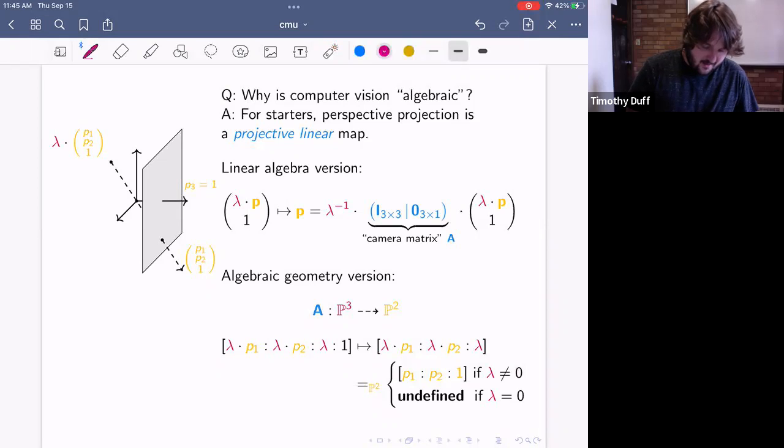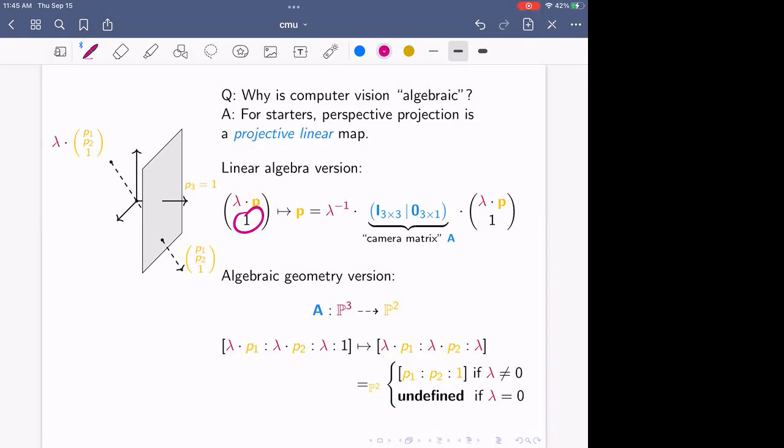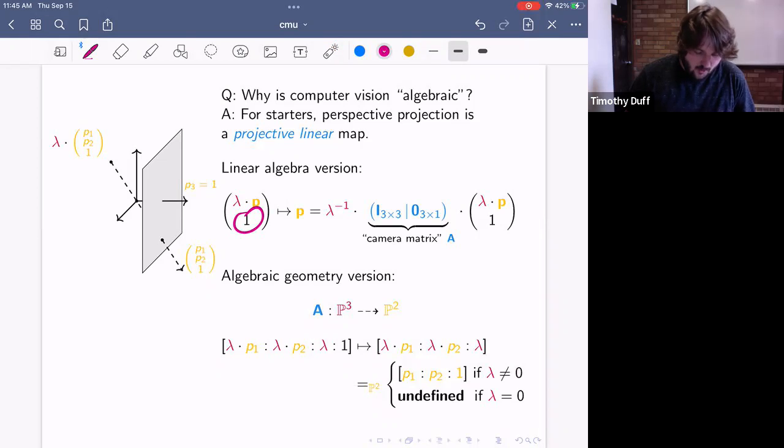So you're talking about this 1 here on the world point, or some other extra dimension? Yeah, there's an extra 1 there. So this is taking the world point and writing it in homogeneous coordinates.